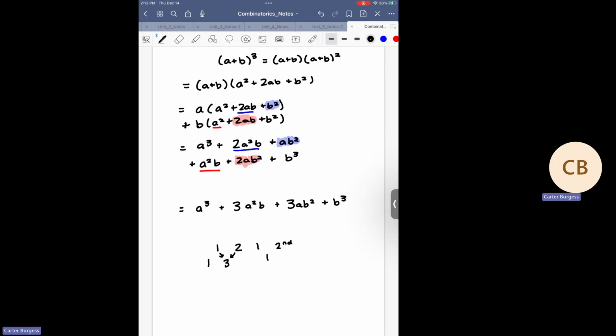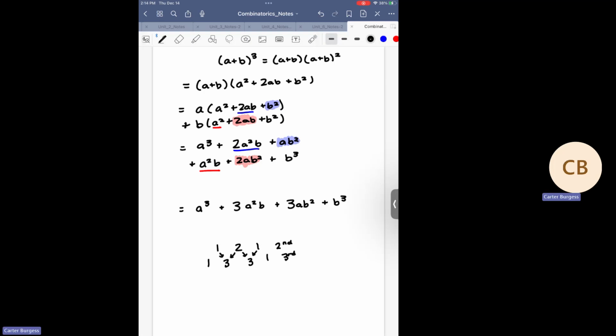Likewise, we had 2 ab squareds. When multiplied by b, that gave us 2 ab squareds. And then we had a b squared that when multiplied by a gave us 1 ab squared. Those 2 plus that 1 gave us a total of 3. And so we have our coefficients for the third power. And we can run with that.